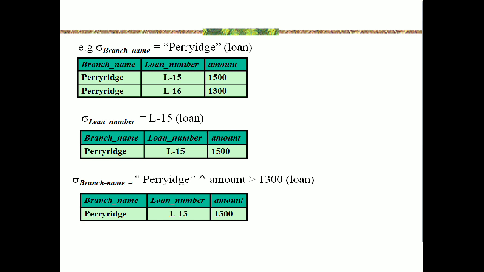Another example is sigma branch name is equal to Perryridge AND amount is greater than 1300 from the loan relation. In this example we can combine two conditions: the branch name should be Perryridge and at the same time the amount should be greater than 1300.